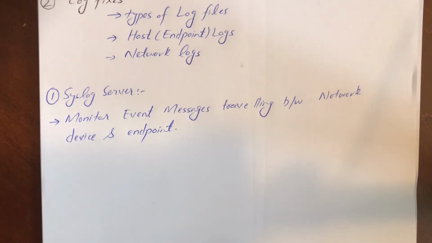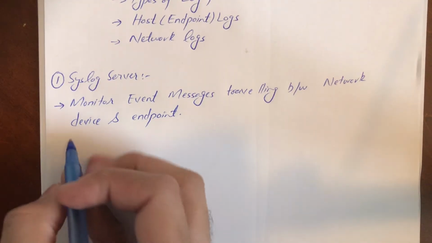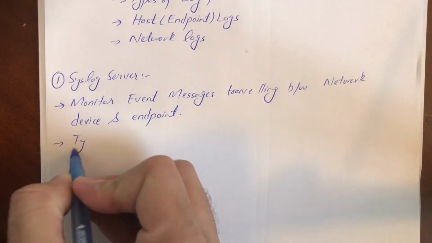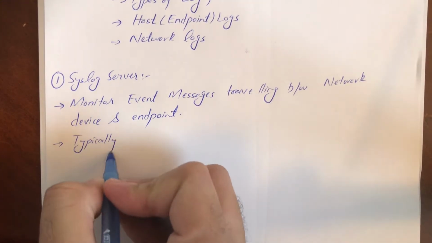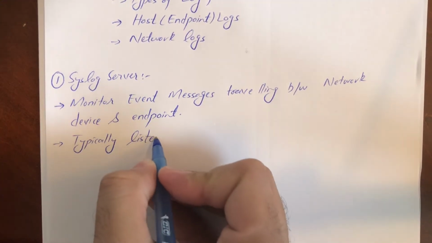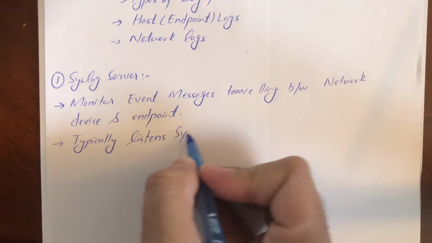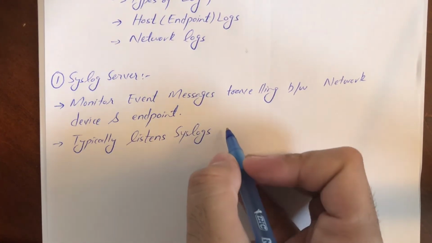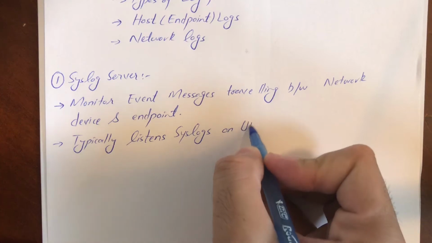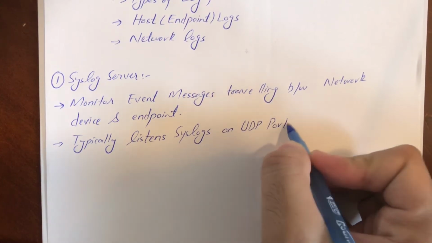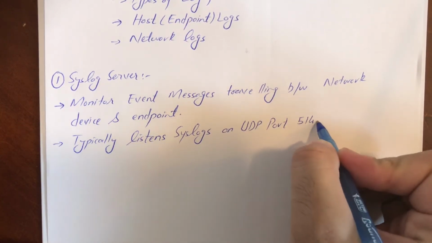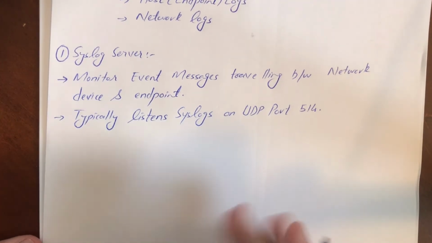So this is what the syslog servers do. And typically servers listen to the syslogs on UDP port number 514. So it's very important to remember this port number.